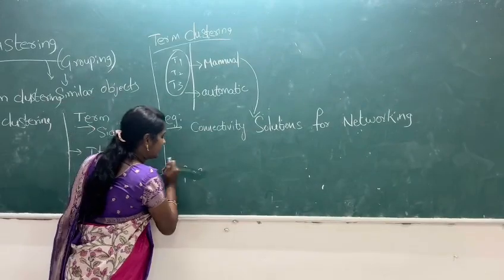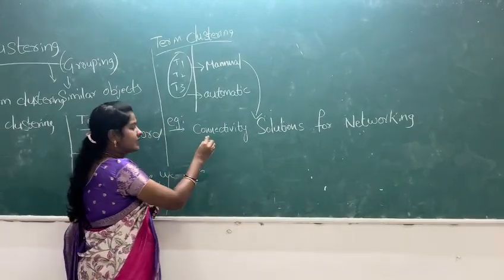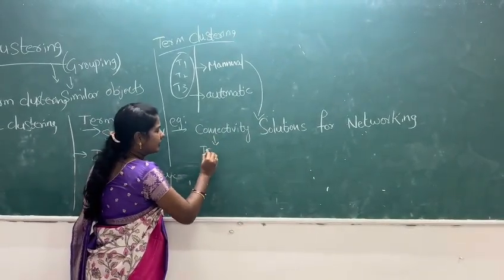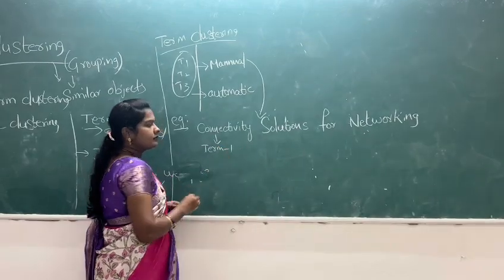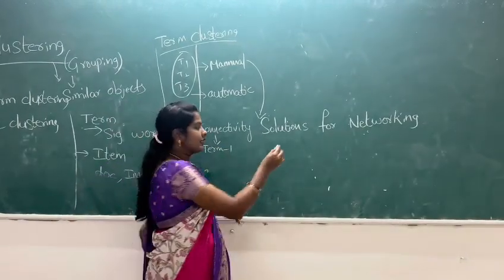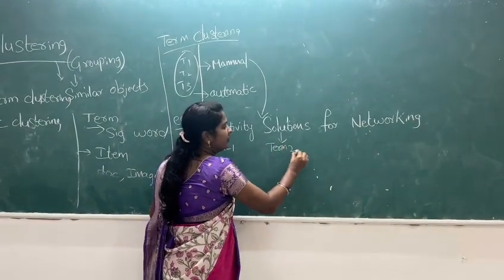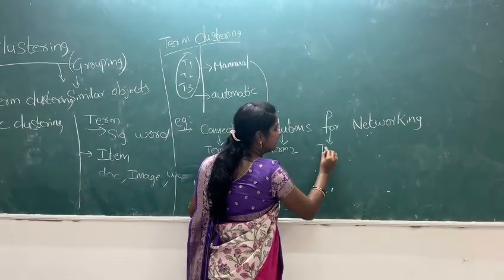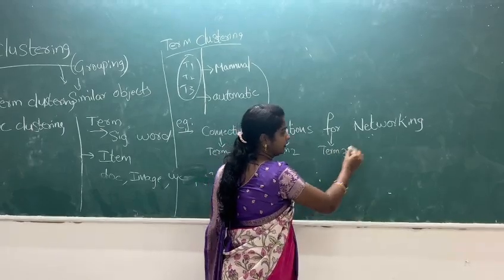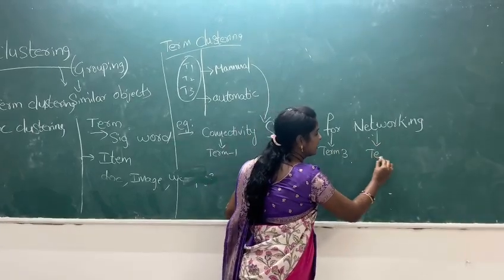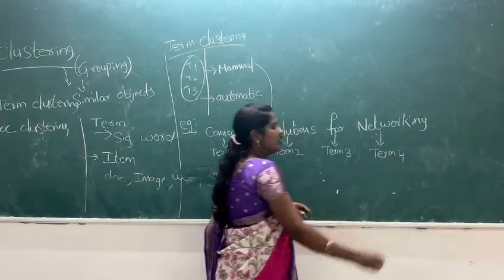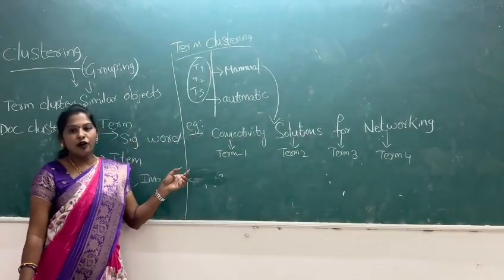Connectivity is considered as term 1 and solutions is considered as term 2. For is considered as term 3. Networking is considered as term 4. So we are having here 4 terms.